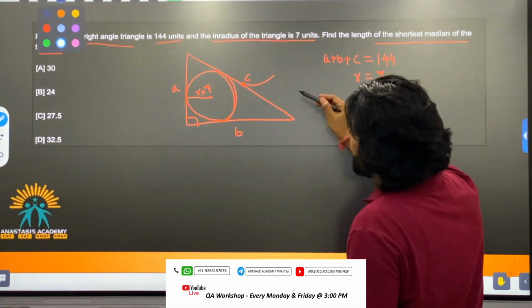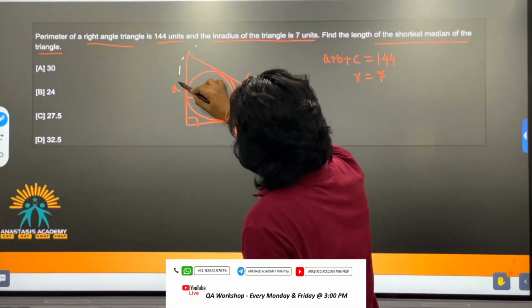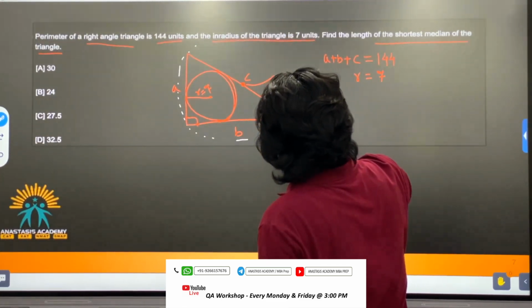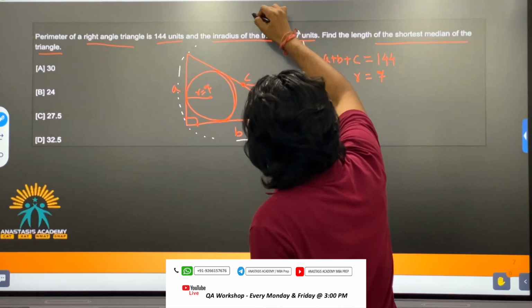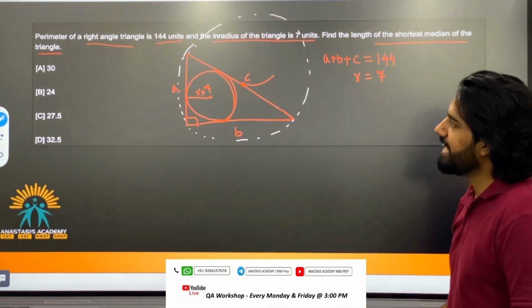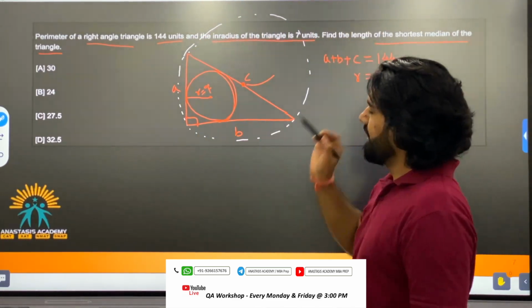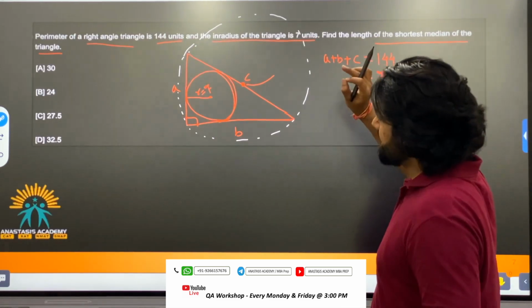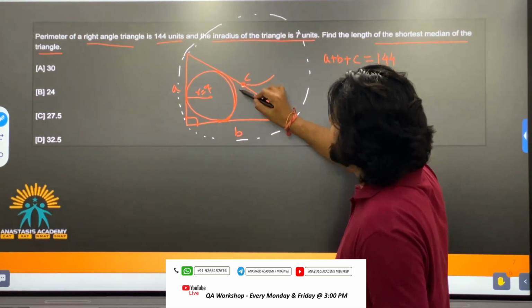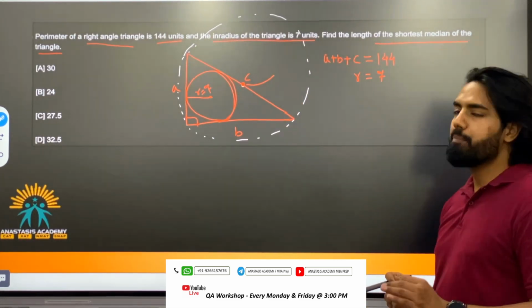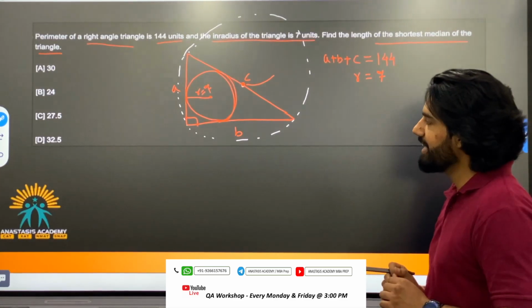I know because the angle in a semicircle is 90 degrees. So for a right angle triangle, its circumcenter lies at the midpoint of its hypotenuse, right?